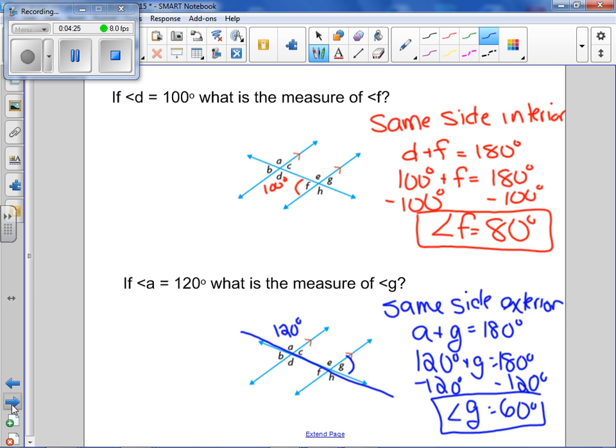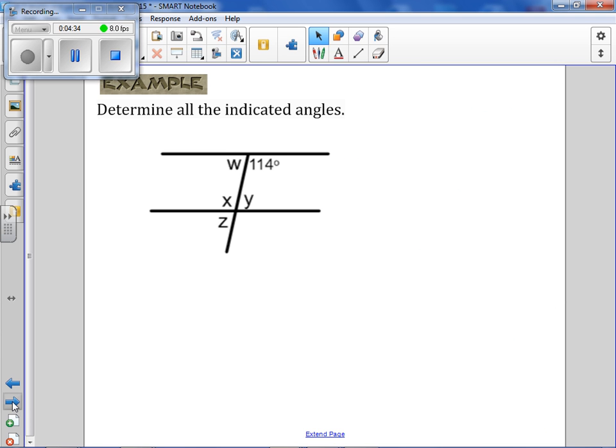All right. Our last two examples are going to be slightly more complicated, but same information that we've been working with the whole time. Next, determine all of the indicated angles. So we've got to find W, X, Y, and Z. When you're doing these, it does not matter which one you do first. So I personally am going to find X first.